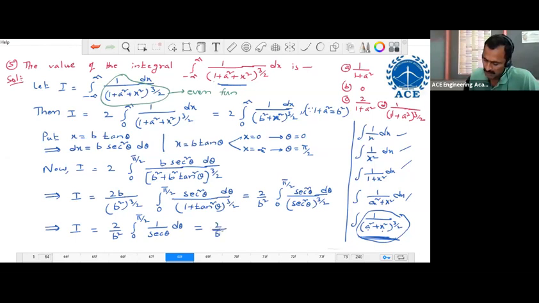So 2 by b square into the integral of 0 to pi by 2 of 1 by secant, which is cos theta. So 2 by b square into sine theta from 0 to pi by 2. Therefore, I equals 2 by b square into (sine pi by 2, which is 1, minus sine 0, which is 0), equal to 2 by b square. But b square is the same as 1 plus a square. It is the answer.